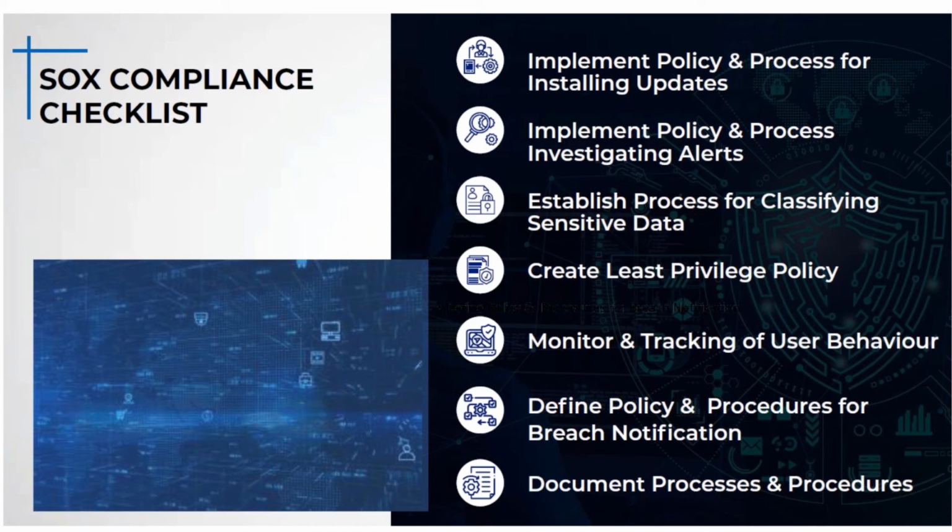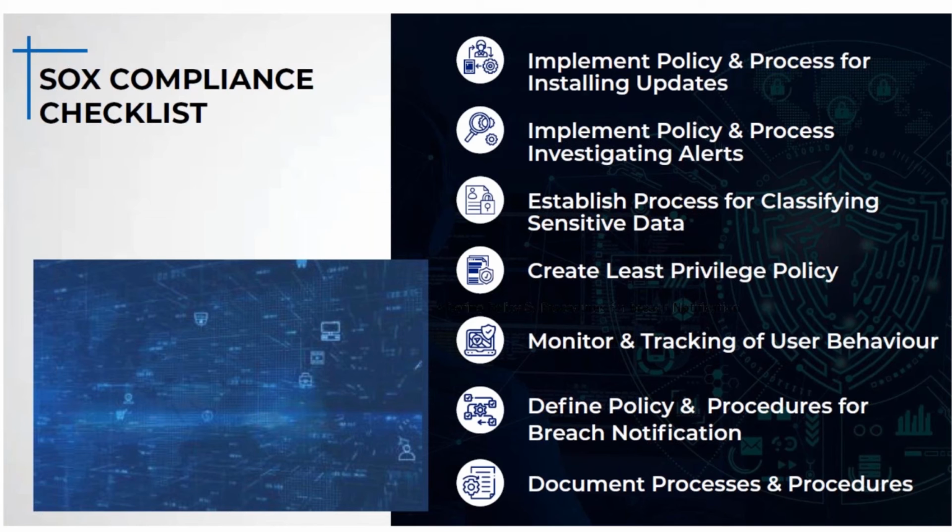What about your VPN software updates? All those things you have to define very clearly, because many a time we see operating system level updates happening, but nothing else beyond that. Could be database updates, SSH updates, or platform updates of Apache or Log4j or whatever be the case. Then establish the process for classifying sensitive data.